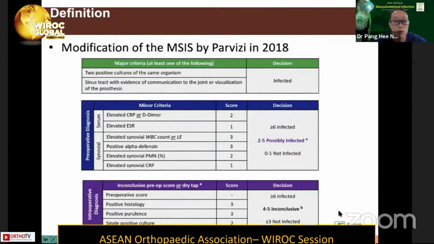These are the 2 most important minor criteria. If you have a dry tap, then you rely on intraoperative assessment evidence, and this is either positive purulence, as demonstrated in this case, or positive culture, which is also demonstrated in this case.